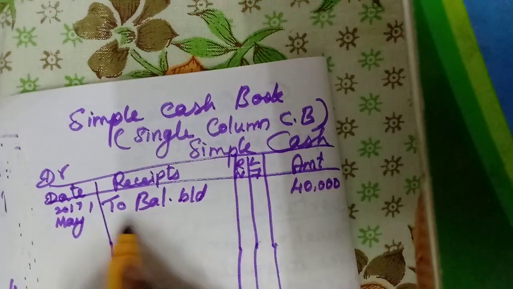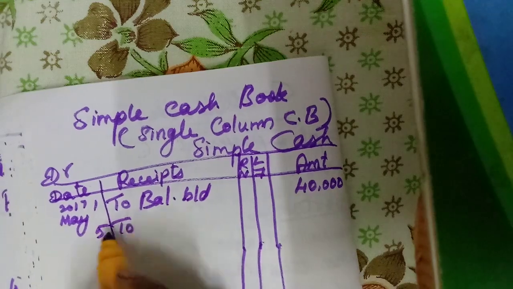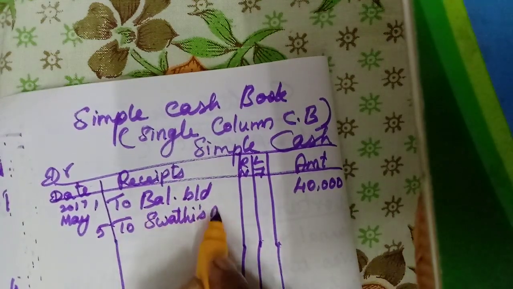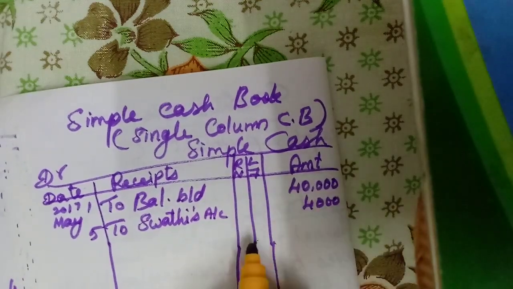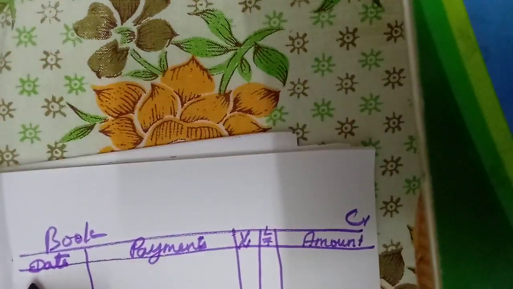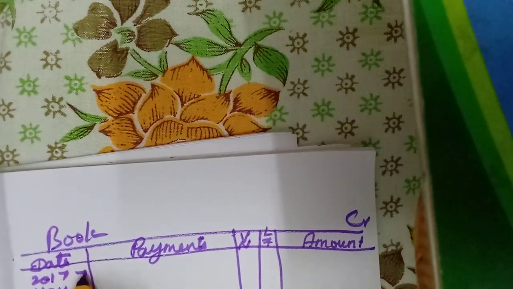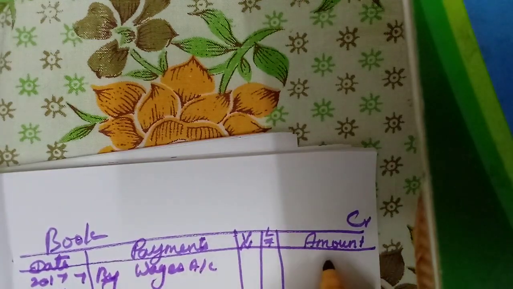Cash received from Swati, date 5, to Swati's account, 4,000. Paid wages in cash, payments. So first we will write the date. May 7, by wages, 2,000.